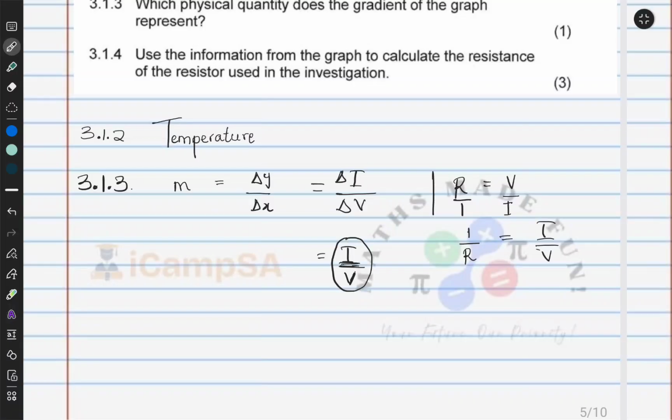So our answer for 3.1.3 is simply 1 over R.